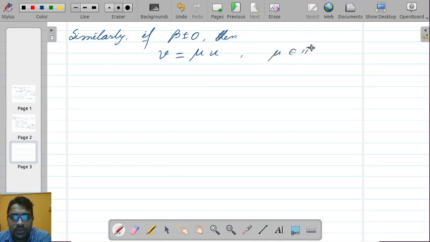Okay, mu is a scalar, that is, v is a scalar multiple of u.